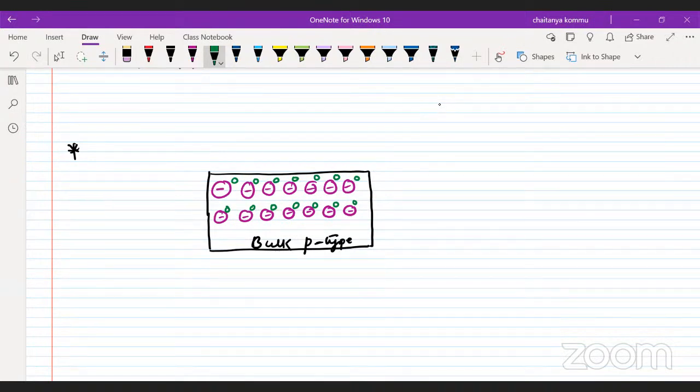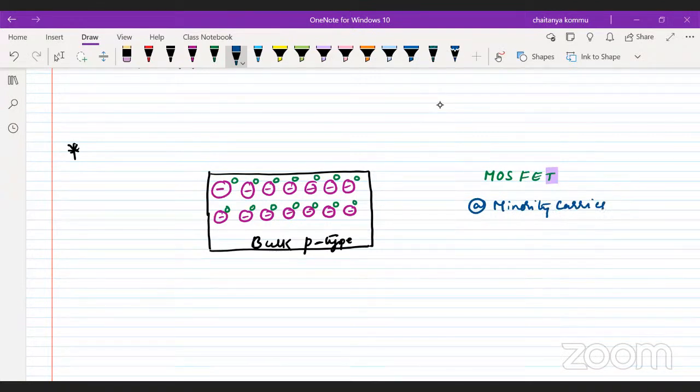Now if you want to make a MOSFET, a metal oxide semiconductor field effect transistor, we need minority carriers, as I mentioned previously. Minority carrier transportation is important.